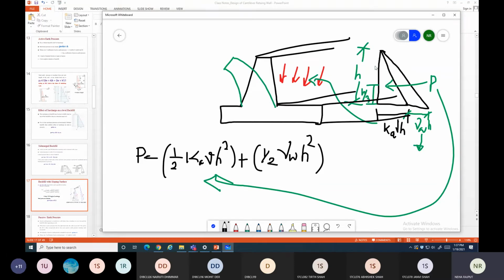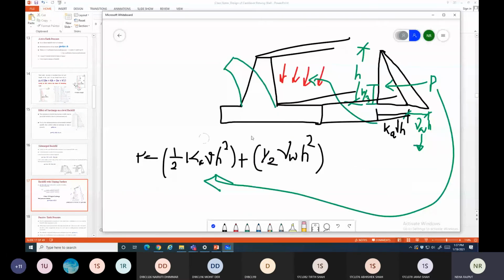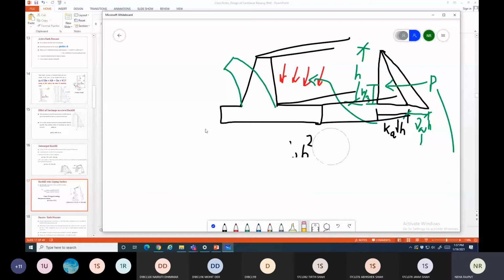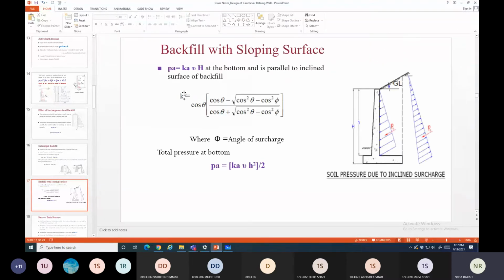So once you have an inclined portion of your soil mass, the pressure value will change in terms of your coefficient value. In that case, the coefficient equation will change.